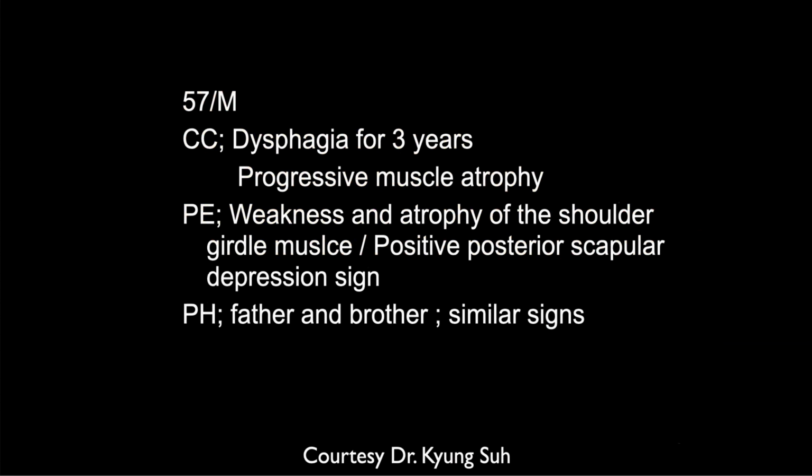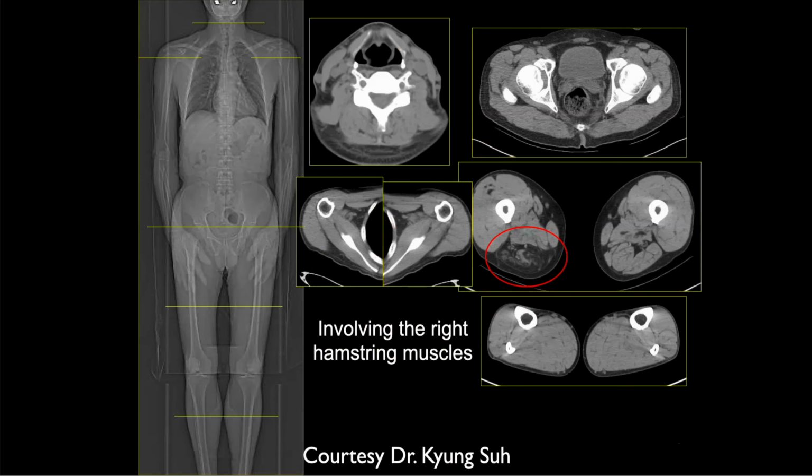57-year-old male, dysphagia for 3 years, progressive muscle atrophy, weakness, atrophy of the shoulder girdle muscles, positive posterior scapular depression sign. Father and brother, similar signs. We see marked atrophy of the right posterior thigh muscles.